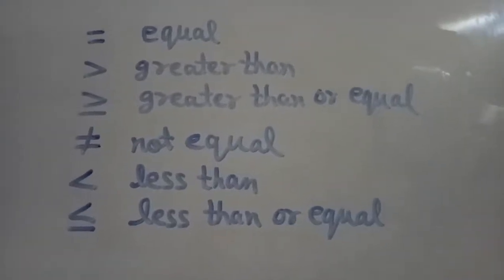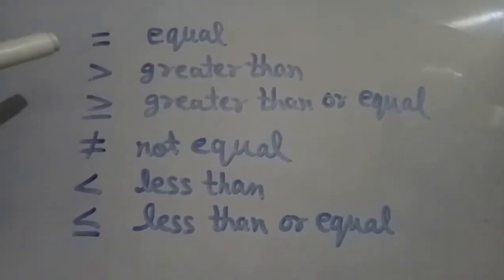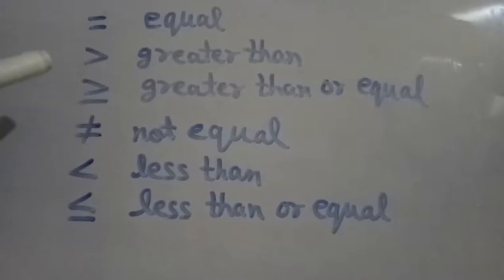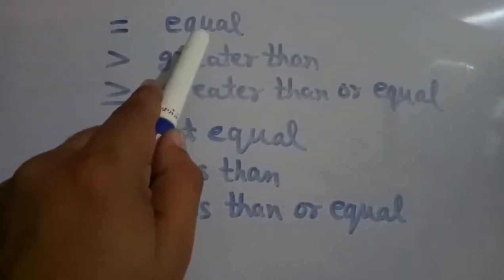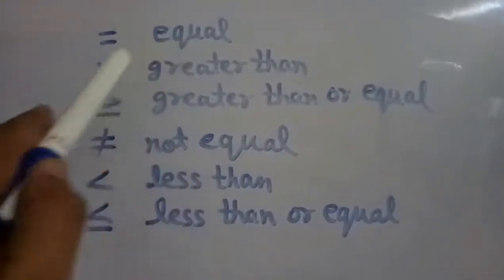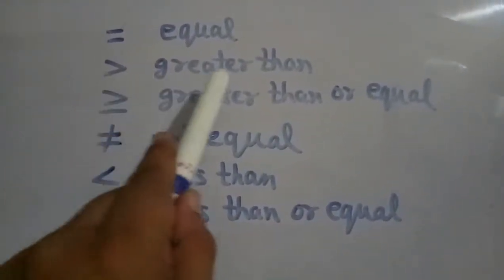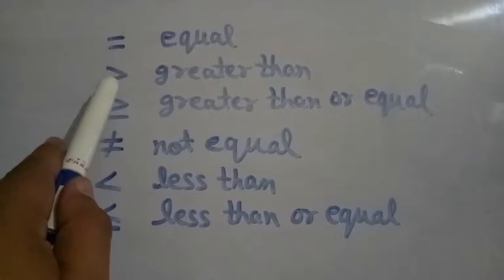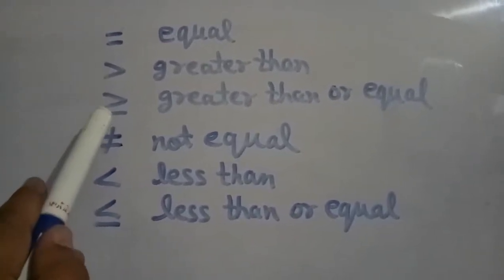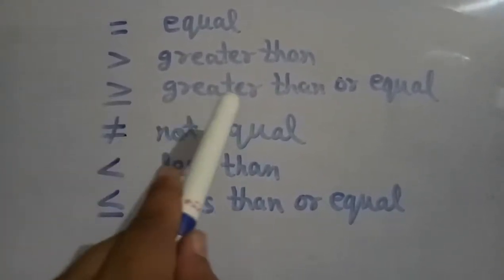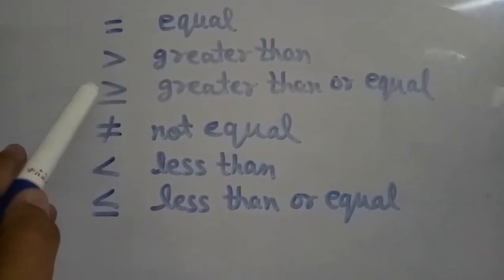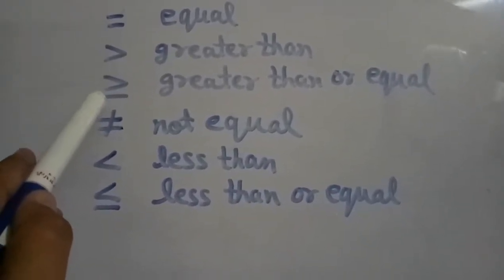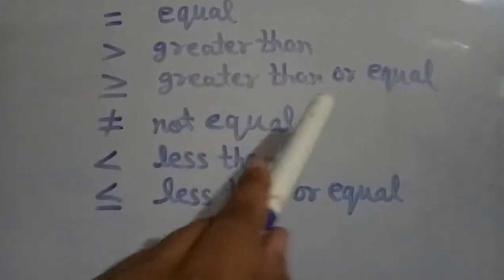So student, here are some symbols which will be used in an equation. This symbol stands for equal, this is compulsory for an equation. This symbol is called the greater than symbol, this will not be used in an equation. This symbol is called greater than or equal, one greater than symbol and one symbol of equal.